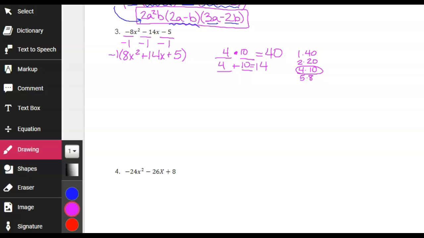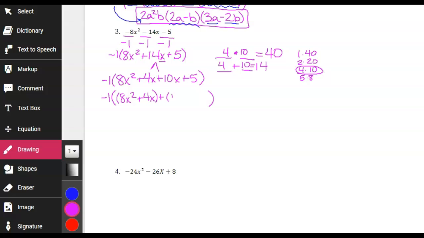I'm going to use them to rewrite my middle term, and it's an x term, so it's going to be 4x and 10x that I replace that term with. I'm going to split this into 2 groups. So the first group is 8x squared plus 4x.